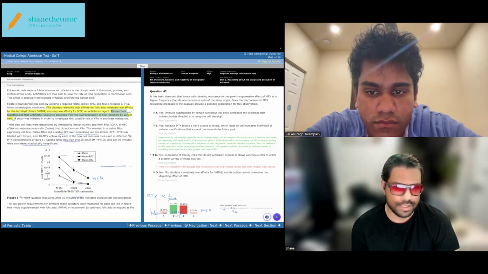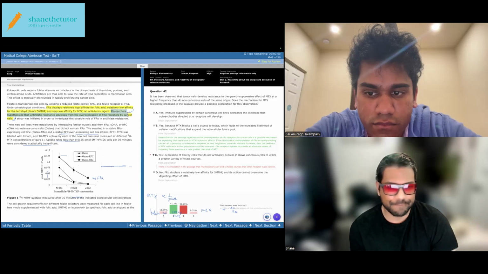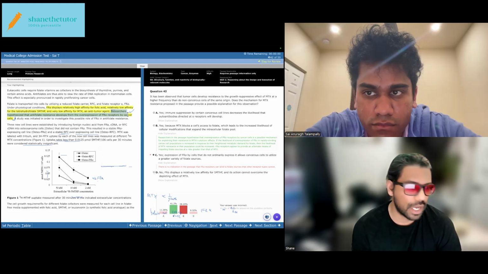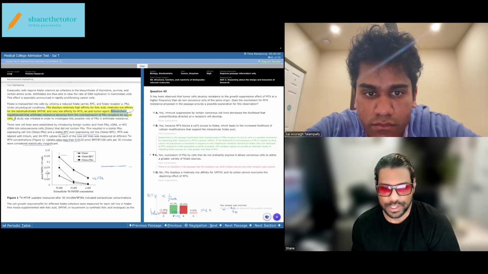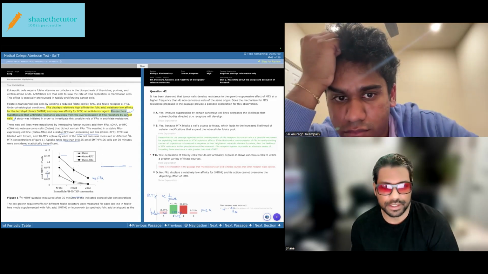Okay, I could see why you and a lot of people chose C, but the case is that FR alpha can be expressed normally, but in cancerous cells it is overexpressed.